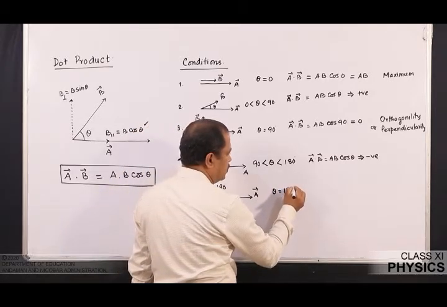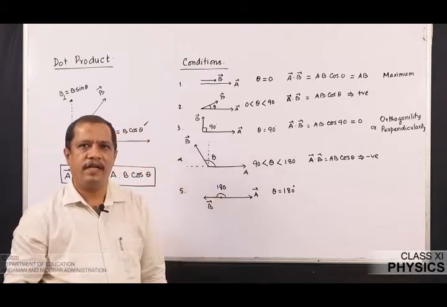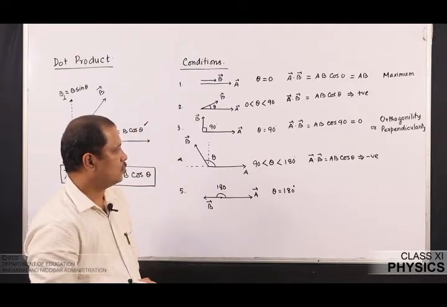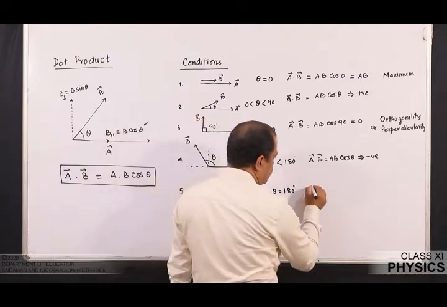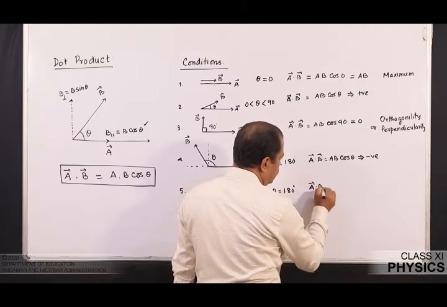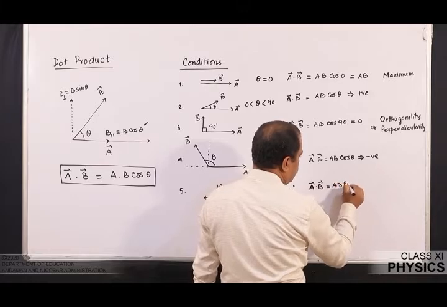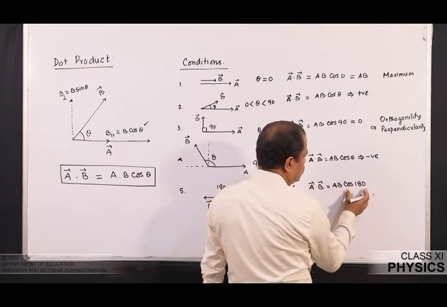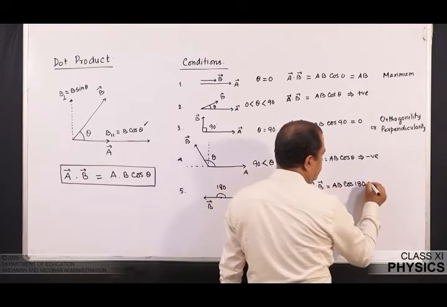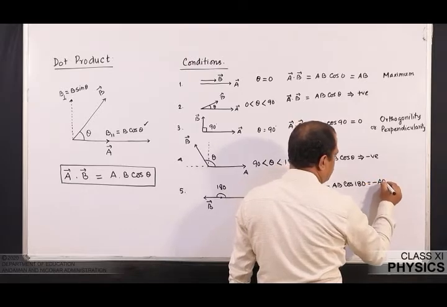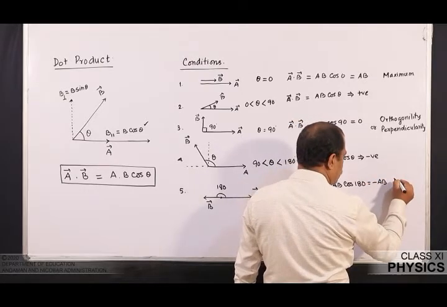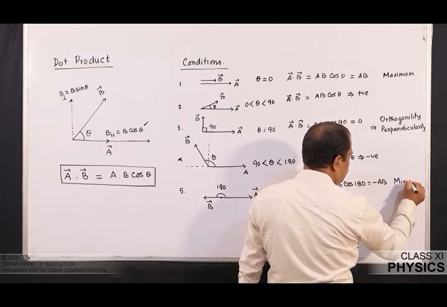So this is 180 degrees, and cos of 180 is minus 1. As such, A dot B is equal to AB cos 180, which is minus 1, so I get minus AB, and this value of the dot product is going to be the minimum.